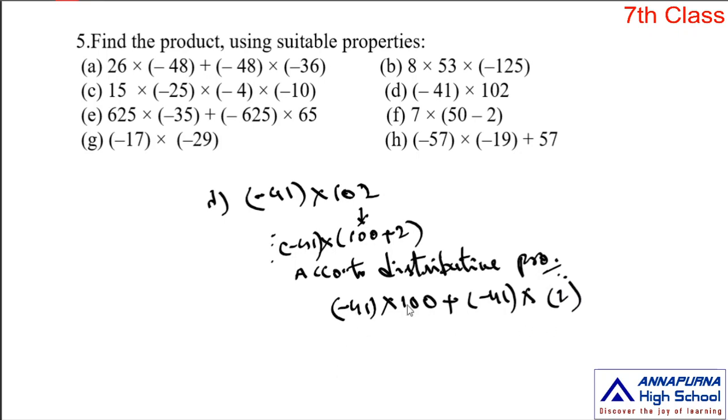So minus 41 into 100, that means minus 4100, plus the product of a negative and positive is negative, so plus minus how much? 82, 41 2s are 82. Now addition of two negative integers. When you add two negative integers, we will get a negative sign only. That means minus 4182. So this is the D bit.